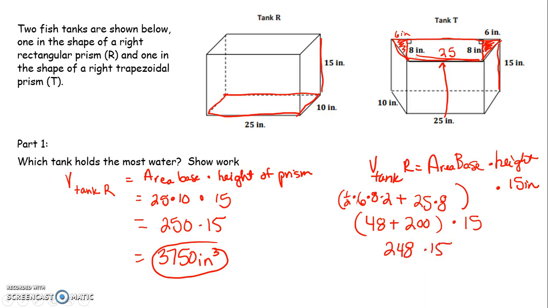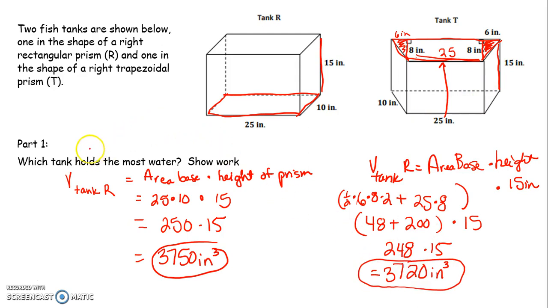So this is going to be able to hold just a little less water. 248 times 15 would be 3,720 cubic inches of water. So this tank holds more water than this one, just a little more water. They might ask you how much more on a state test.